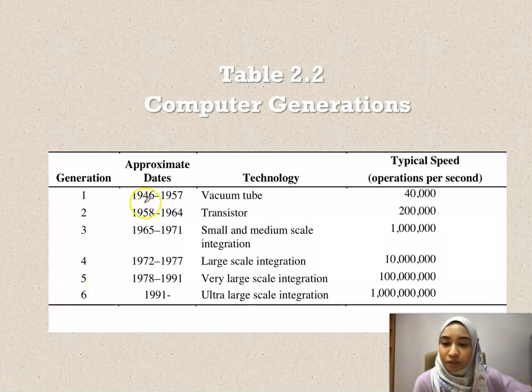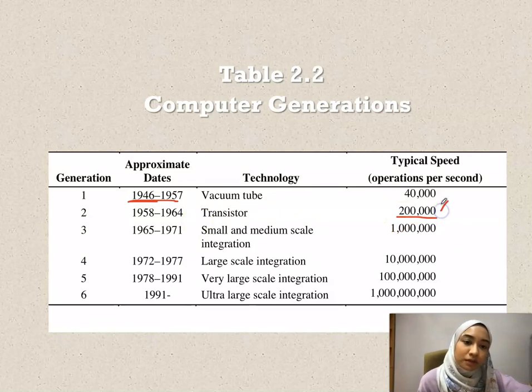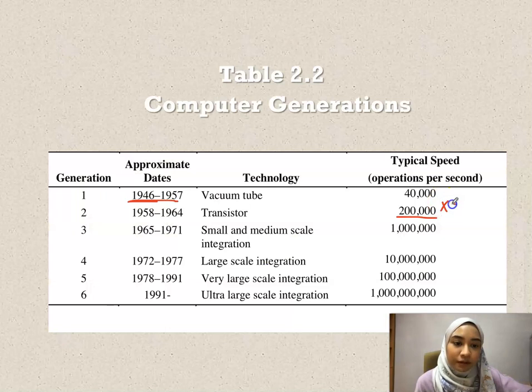So from 1946 to 1957, we have the vacuum tube, which had a typical speed of 40,000. And then came the transistor, the second generation computer, 240,000. How much is that? It's times by 5. And then after that, small and medium scale integration.